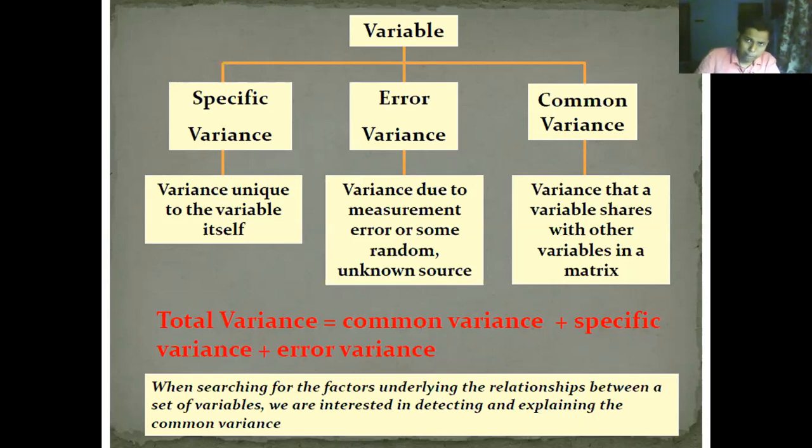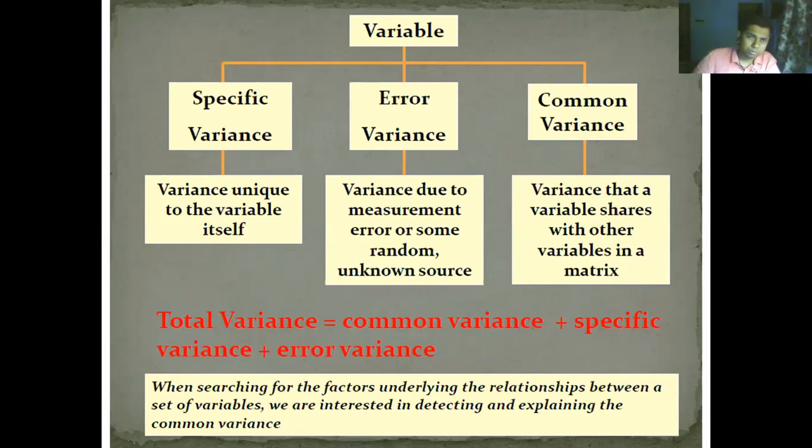Now some variances are common variances. Suppose you have 10 variables. If some of the variables are correlated, then obviously there is some common variance.